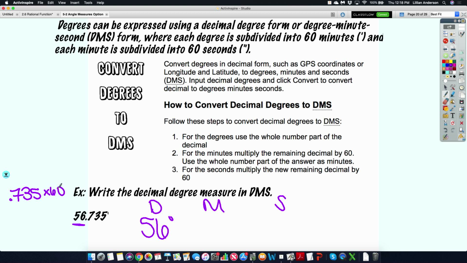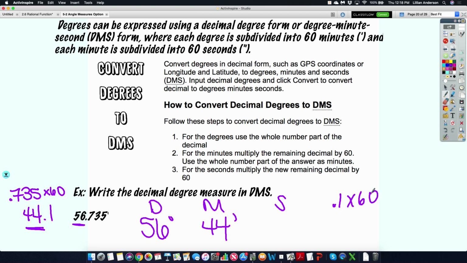So somebody tell me what 0.735 times 60 is. 44 point what? 1. Okay. The part before the decimal is actually your minutes. So I messed up there, and I apologize. To get my seconds, I take the remaining decimal again and multiply it by 60.